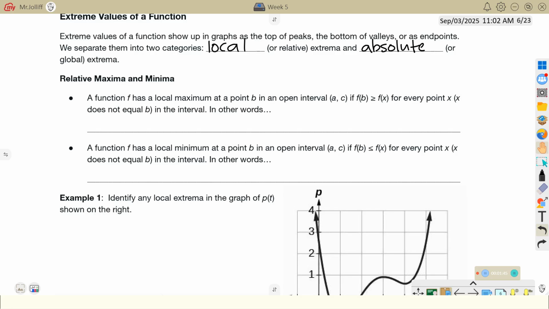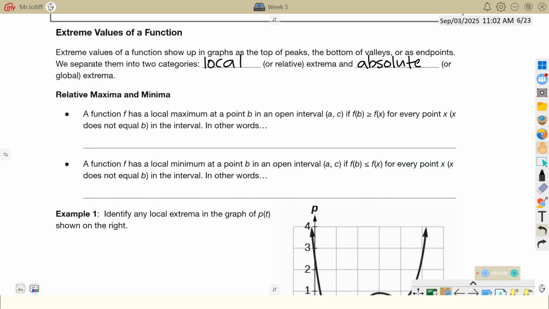A lot of function notation for saying that the point B is the highest point in the area.